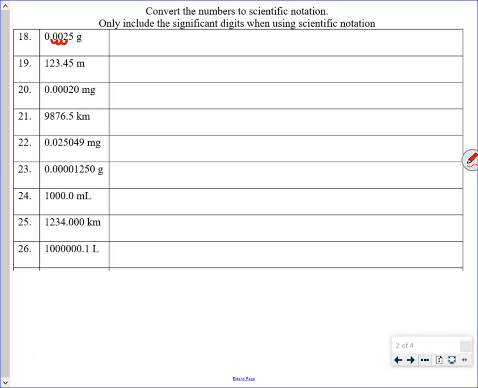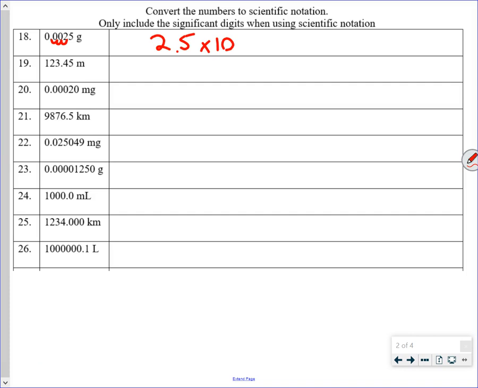I rewrite my number. 2.5, and then I write times 10, raised up to some power. The power that I use on my 10 is dependent upon how far I moved my decimal. So in this problem, we moved it 1, 2, 3 places.